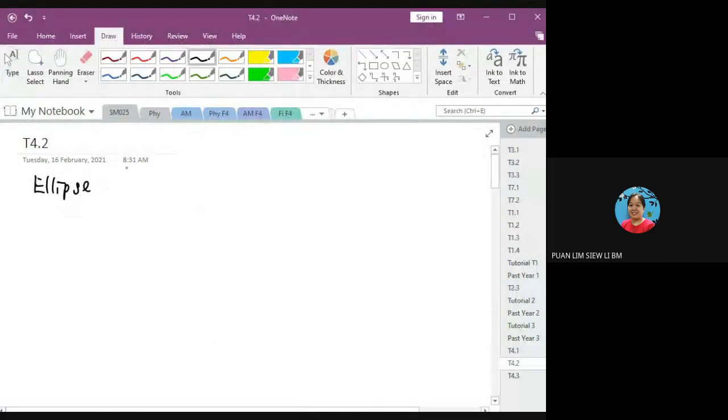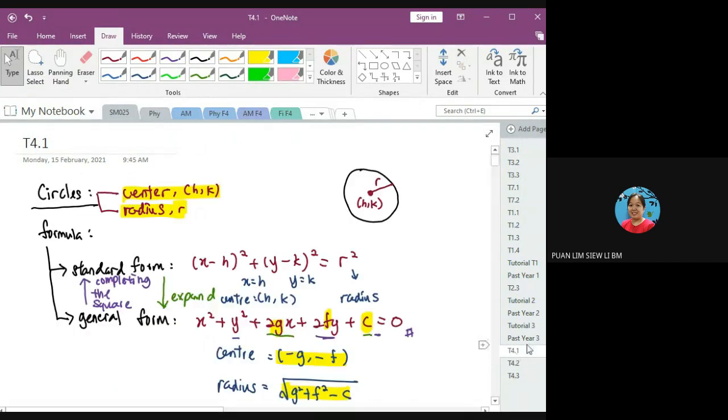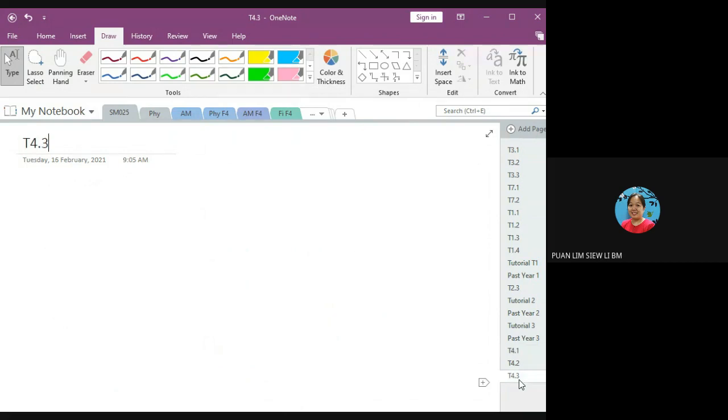So ellipse, apakah penting dalam ellipse? Macam circle. Semalam circle at the beginning of the circle, apakah yang sangat penting saya kata? Iaitu center dengan radius. Without them, you cannot do anything, you cannot get the information and proceed to the next.